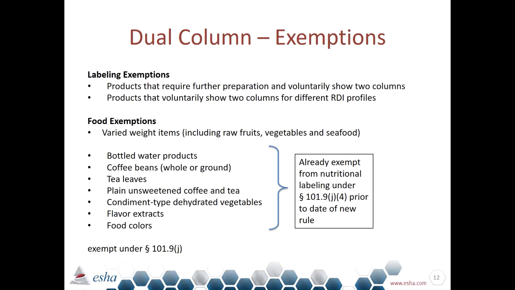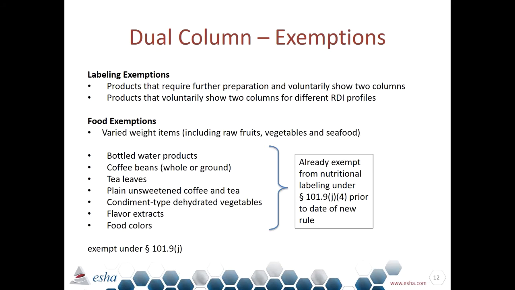The thinking here is that the scenarios listed above would provide the consumer ample information from which to draw nutrient values, in some cases more valuable than the information you might get from a 200 to 300% dual column package label. Fresh fruits, vegetables, and seafood are also exempt due to the variation in weight which naturally occurs in those products. An apple that I pick up today might be quite different than an apple I pick up tomorrow, and so varying weight items like that would be exempt from dual column.